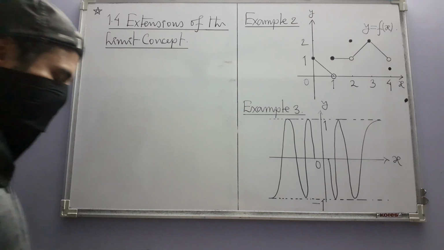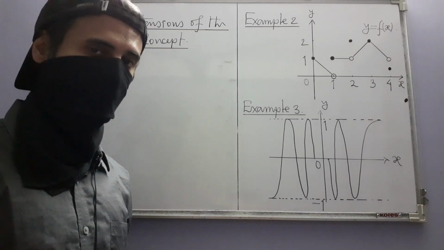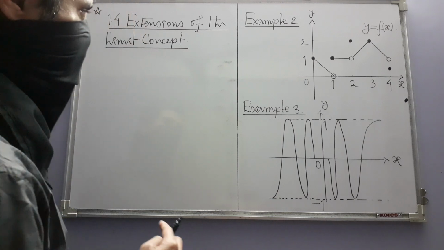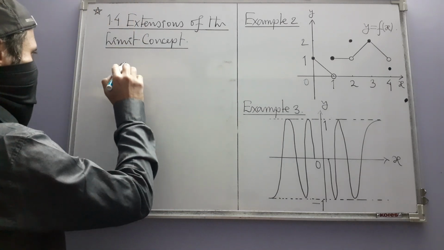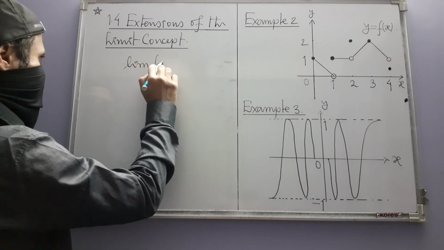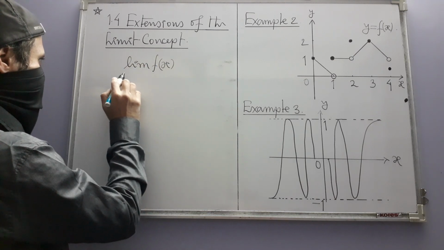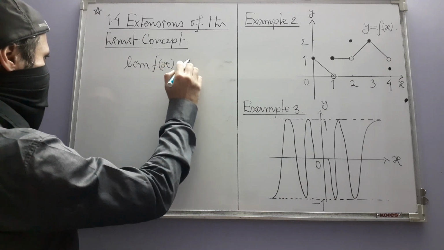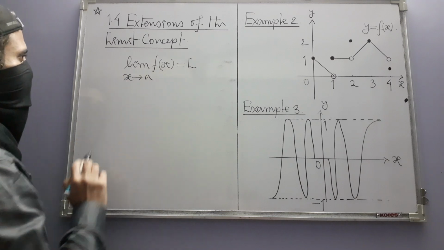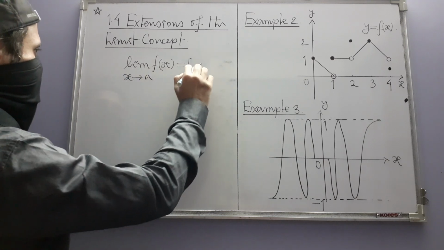We have seen what limits are formally using epsilon, delta, those things. So let's go back to that. When we say that the limit of a function f is the real number L at a, what do we mean by this?